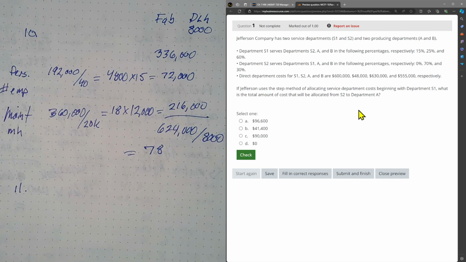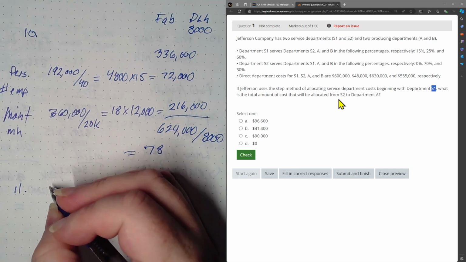So again, before we get too far into it, let's just make sure we understand what they're asking. If it uses the step method, that's fine. And it begins with department S1, okay, because we need to know the sequence. First, we need to know it's step method. Second, we need to know the sequence. What is the total amount of cost that will be allocated from S2 to department A?